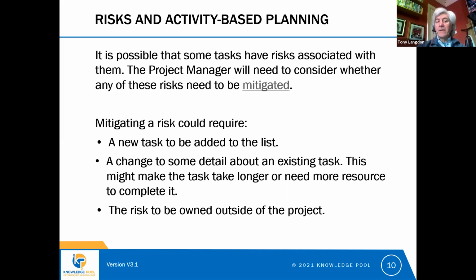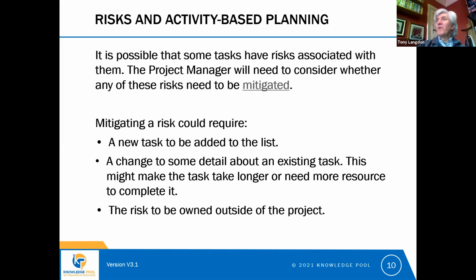Now, in order to mitigate a risk, we might need to add a new task to our list of tasks. So in order to make the problem smaller, we might need to do something extra. We might need to add a task. We might need to change some detail about an existing task, and that change could make the task take longer, or it could need more resource to complete the task.